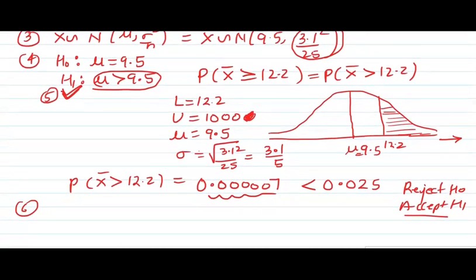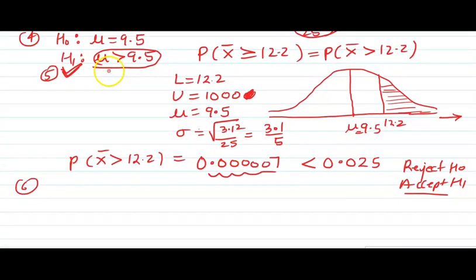So is that okay, guys? So alternative hypothesis was saying mu is greater than 9.5, and here we found mu is greater than 9.5, right? So we are accepting alternative hypothesis and rejecting H0. So accepting H1 means mean is increased and mean of the daily wind speed must be greater than 9.5. Yeah. So that should be your statement. So you can write down here mean is increased.